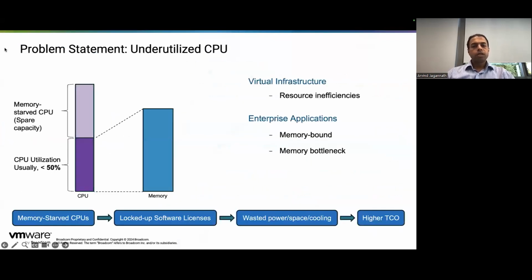All right. So with customers, what are the pain points that our customers are observing today? So the problem statement is all about underutilized CPUs. In our virtual infrastructure, customers typically size their infrastructure in such a way that they allocate enough memory for all their VMs. At the same time, they also allocate enough memory such that it's sufficient for the number of cores on the system.